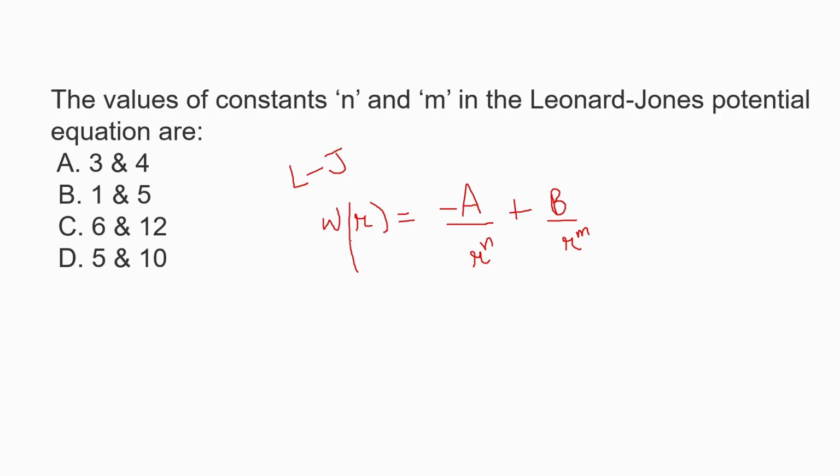And the Wien May potential can relate with the constants A and B of the van der Waals equation, and then we get minus A by R to the power 6 plus B by R to the power 12. So the correct answer would be 6 and 12.